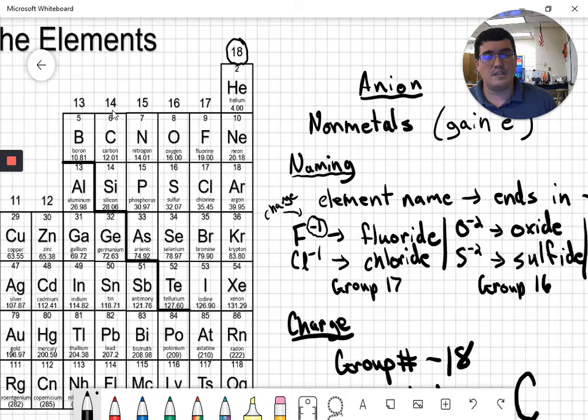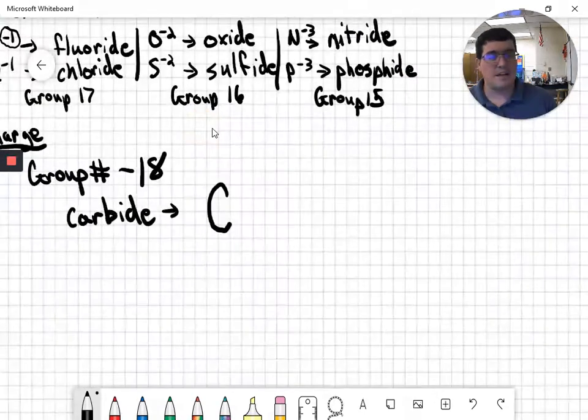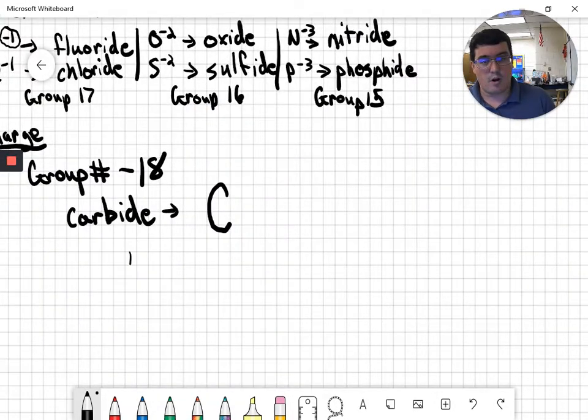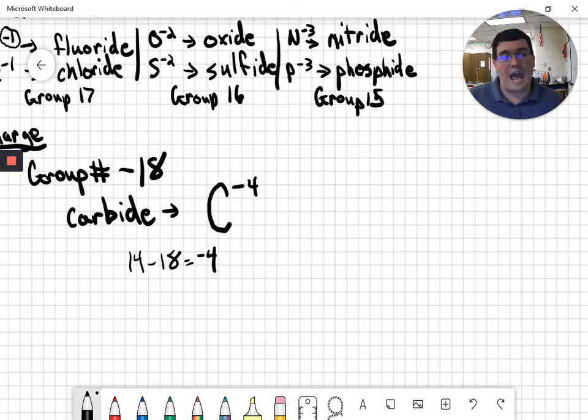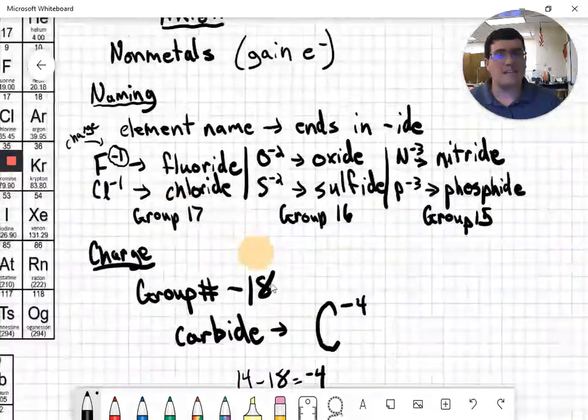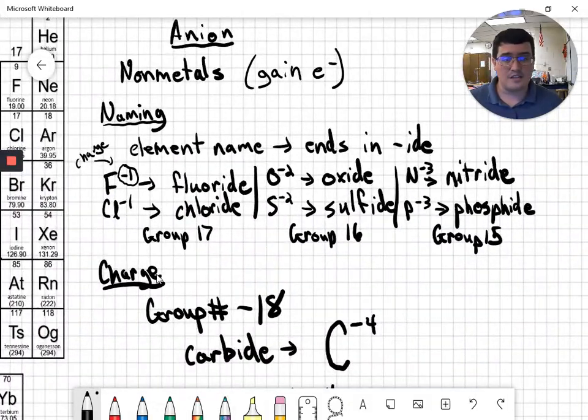To find the charge, we take the group number and subtract 18. So for carbide, 14 minus 18 equals negative 4. So we'll put a negative 4 charge up here. If you are asked to write the symbol for carbide, it's very simple. That's negative ions, that's anions.